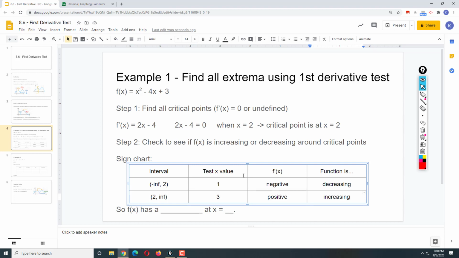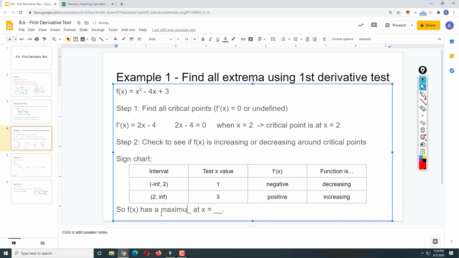Since the derivative is negative to the left of our critical point and positive to the right, by the first derivative test, f of x must have a maximum at x equals 2. So we know our graph must look like this. Whoops, that would be a minimum. Let's try this again. Actually, I drew this correctly.